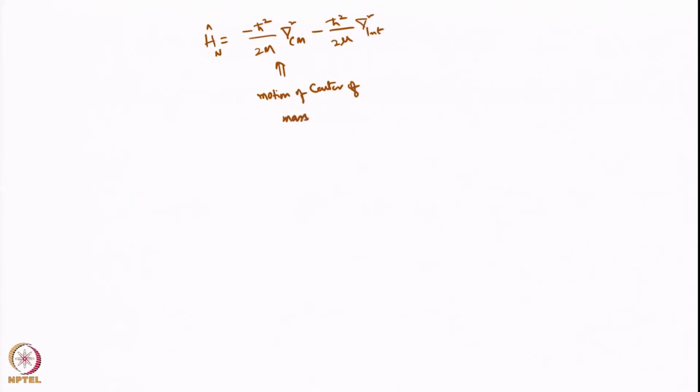What is the motion of center of mass? It simply means that the whole object AB is moving in some direction, and that will not contribute to the internal structure. Therefore, one can write minus h bar square by 2M del square Cm multiplied by chi n is equal to E n chi n.